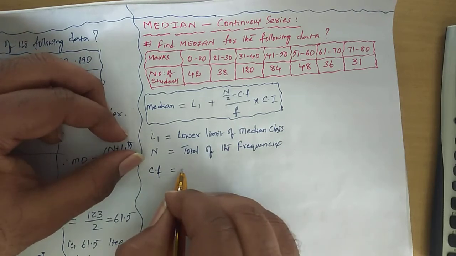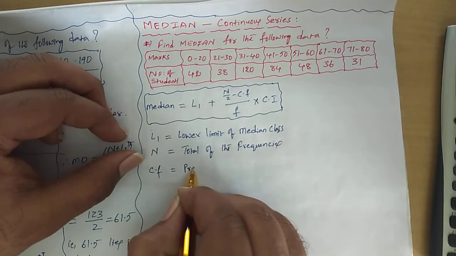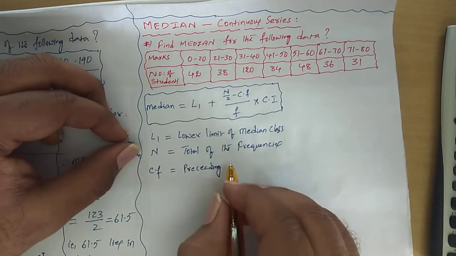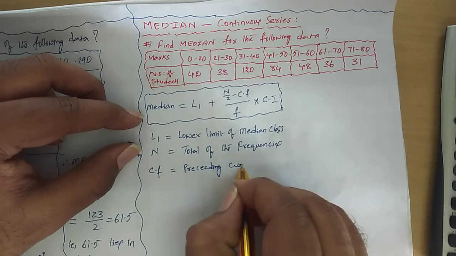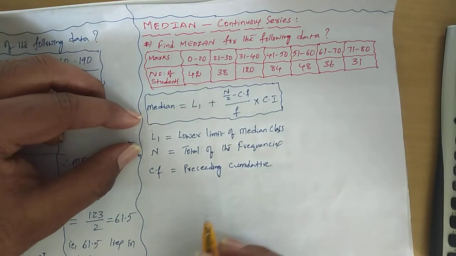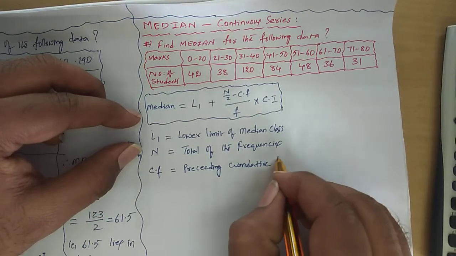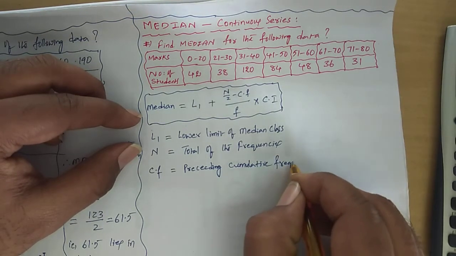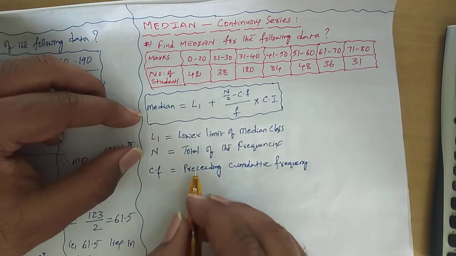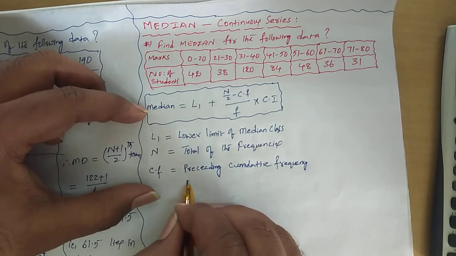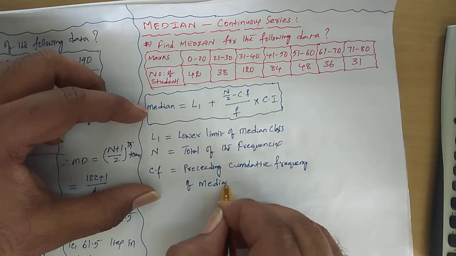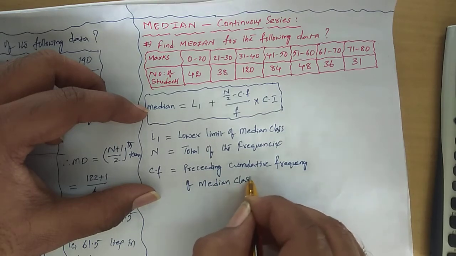So I have to remember this. Here the CF means preceding, that means the value before, preceding cumulative frequency of the median class.